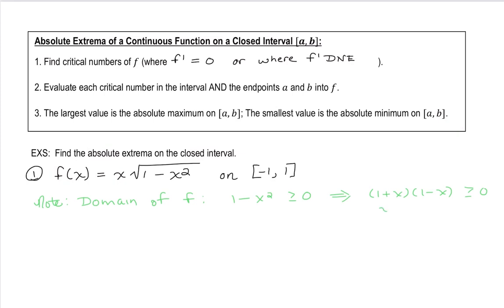When you have a polynomial inequality like this, the only thing you do is find the places where it would equal 0, and then think about what the signs would be if you subbed in some numbers. Obviously we can also look at the graphing calculator, but this is how we would solve a polynomial inequality by hand.